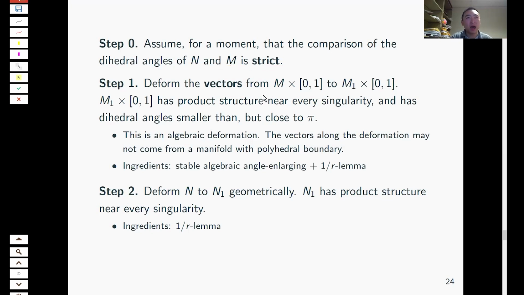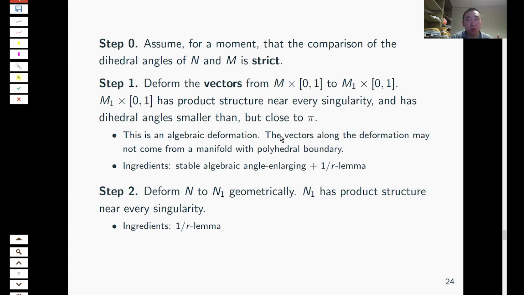Now, the first step is that we take a product with the interval 0 to 1. And we deform M times 0 to 1 to some M1 times 0 to 1. But we're not deforming it geometrically. We're actually deforming only the vectors. So during the process, this is just an algebraic deformation.